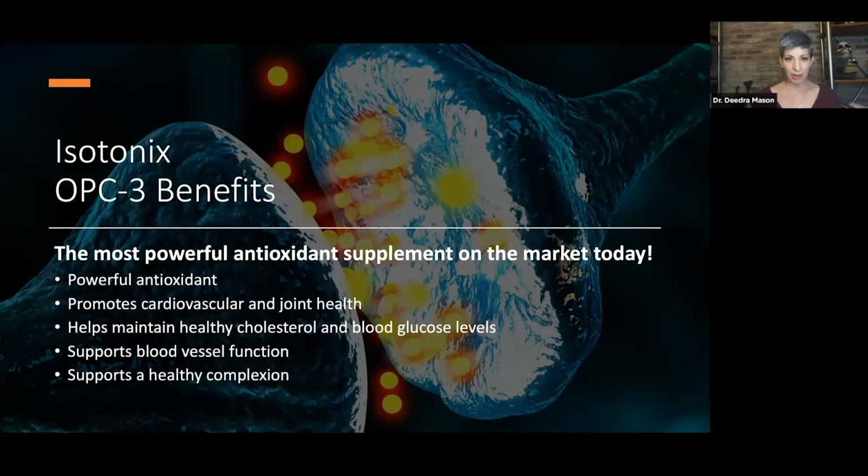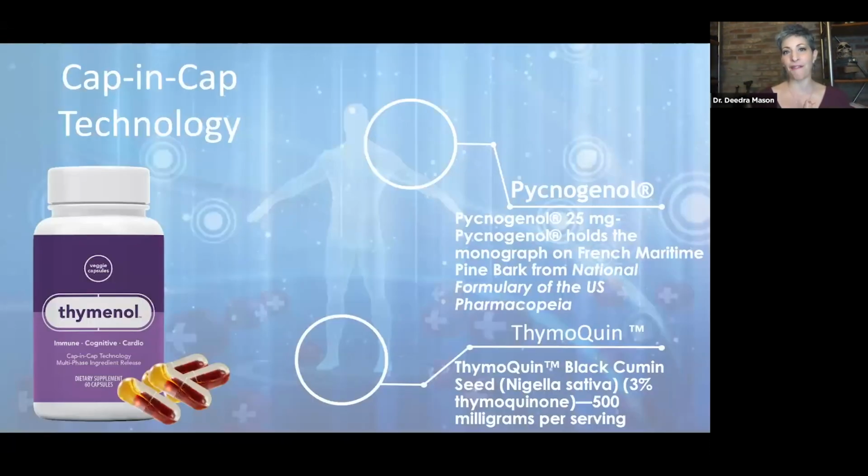Whether you're just simply looking for a powerful antioxidant, you want something that supports healthy aging, cardiovascular function, and joint health, you're looking for something for that endocrine benefit, whether that's blood sugar or healthy blood lipids, because of its ability to be a powerful antioxidant, or you're just simply looking for healthy aging, we have you covered, quite literally, with OPC's comprehensive formula of those 5 different free radical scavengers.